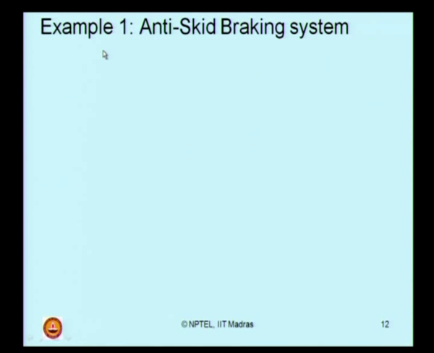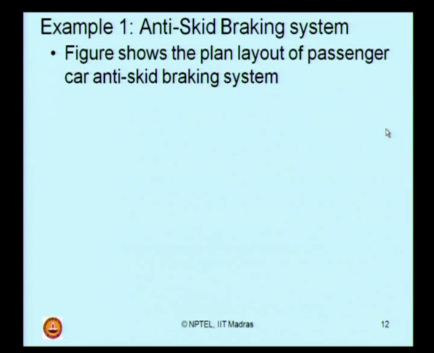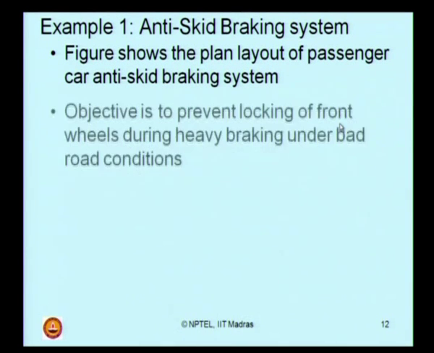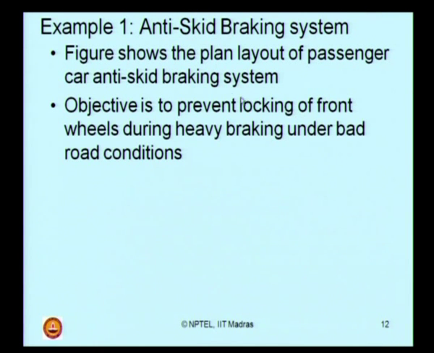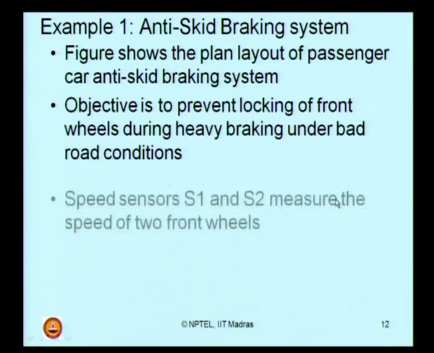We will explain now the anti skid braking system, which we just now saw in a video. The figure below is actually the layout of a passenger car anti skid braking system. The objective of the study is to prevent the locking of the front wheels during heavy braking under bad road conditions.